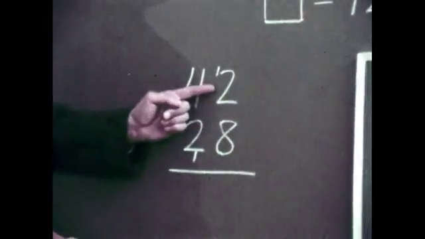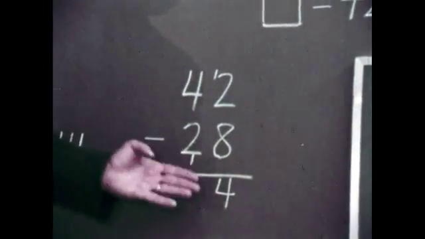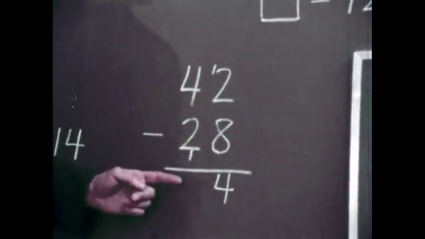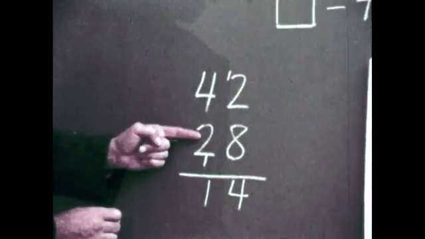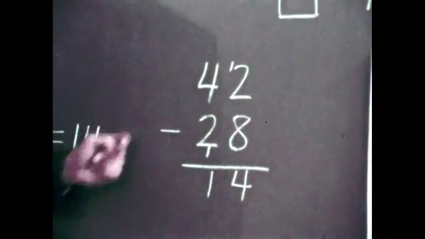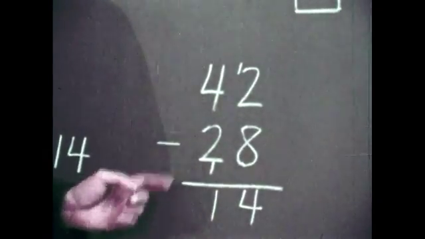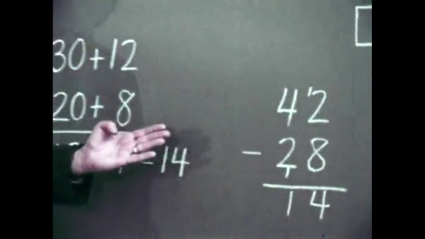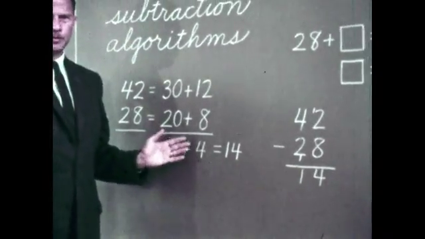What number plus 8 is 12? 4. Or to put it another way, 12 minus 8 is 4. And then 1 ten plus 3 tens, 4 tens. Later, we'll watch a child using this algorithm. Now, these are but 2 of many possible algorithms for subtraction.